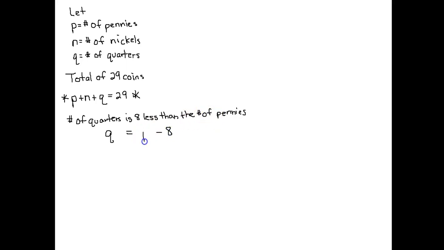Number of pennies is P. So there's your second equation. That equation only has 2 of the variables, but that'll be all right because we are going to have a third equation. Altogether, we have 3 variables. It's going to work out fine. Then it says total face value is $1.77.